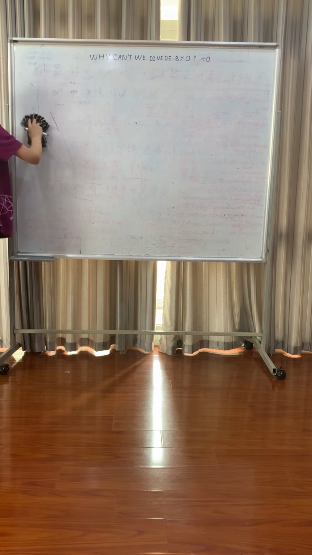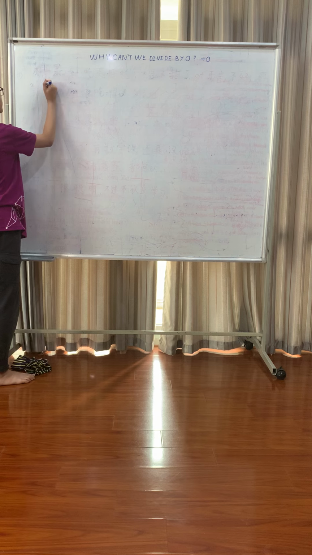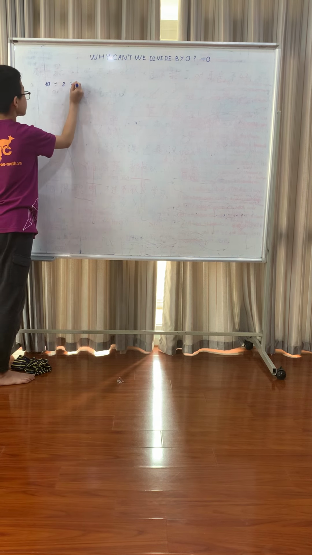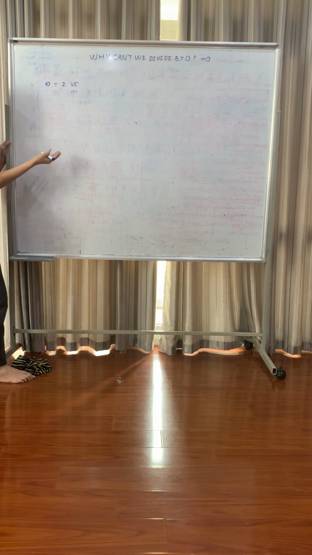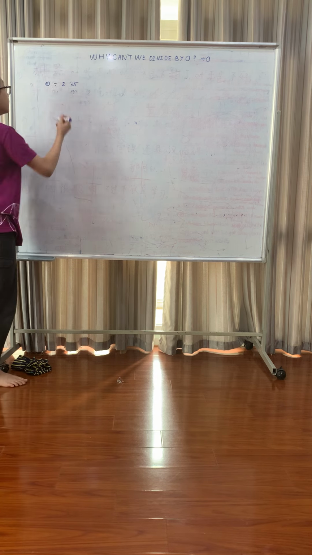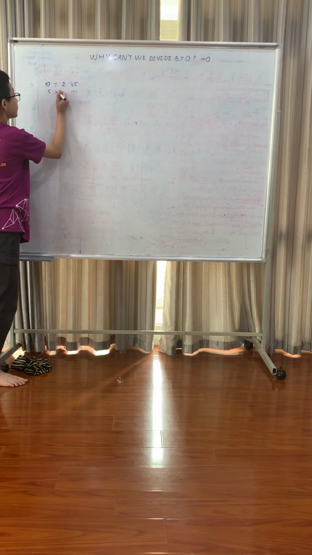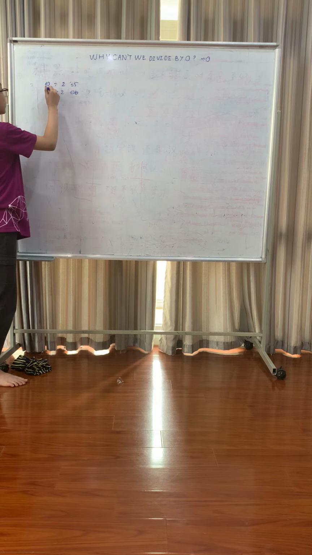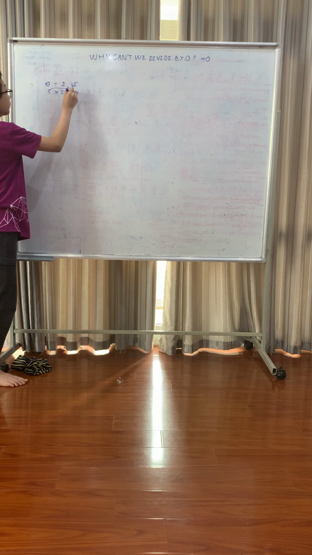So let's get in. Have you seen that 10 divided by 2 equals 5, right? Then 5 times 2 equals again 10, right? So this is actually multiplying the reverse of all the numbers.